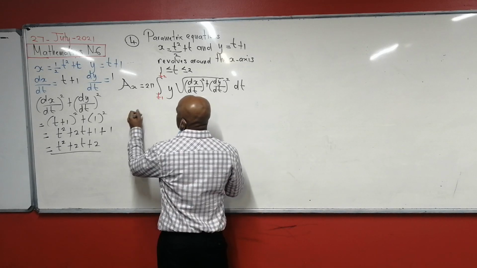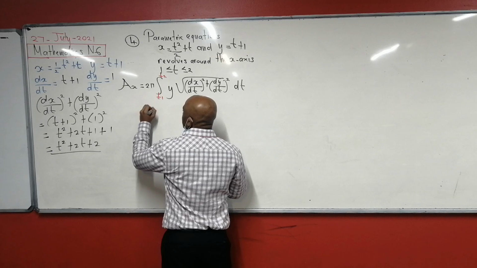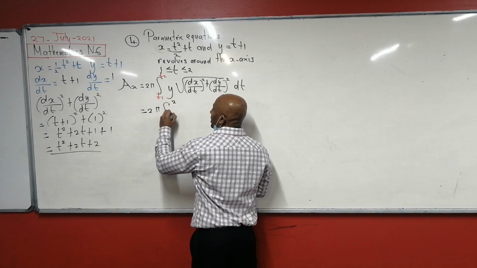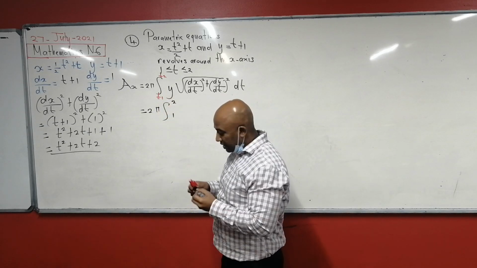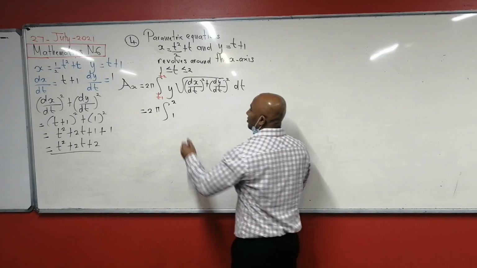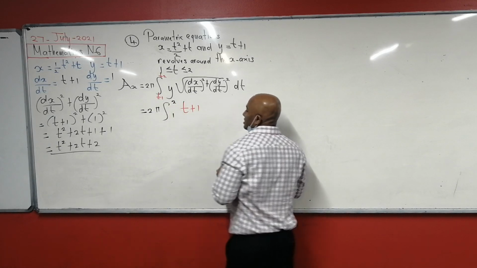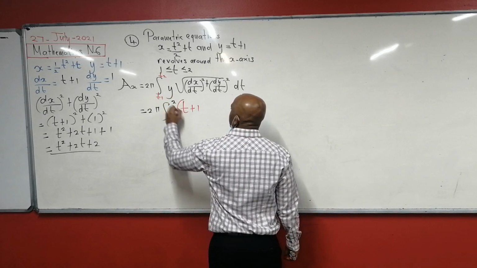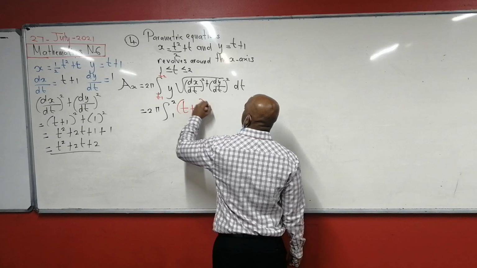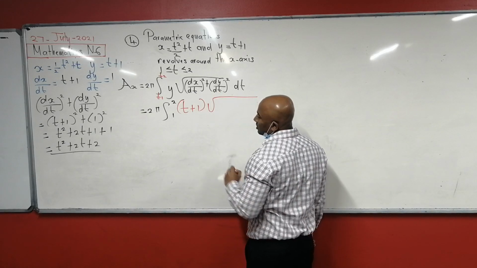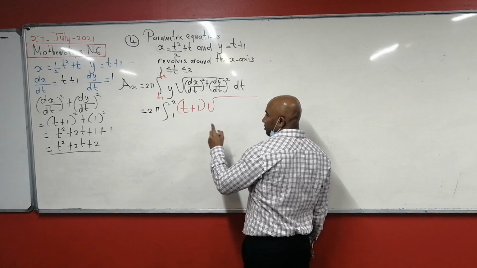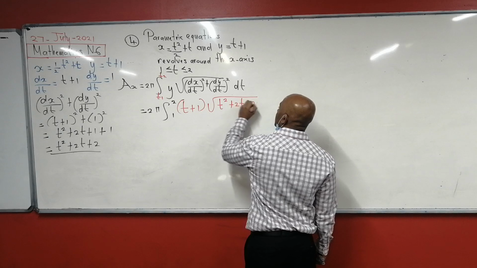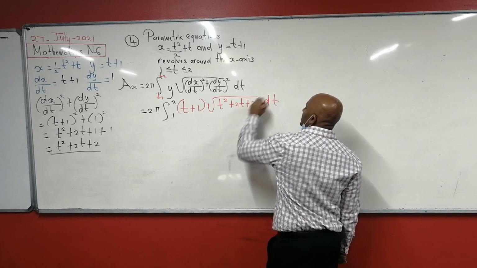So now let's substitute: 2 pi, with limits 2 and 1. What is y? y is equal to t plus 1, and this whole thing is multiplied by the square root of t squared plus 2t plus 2, dt.